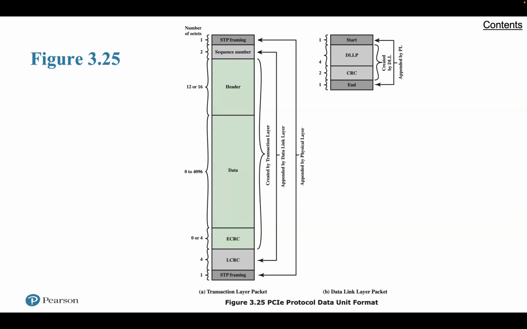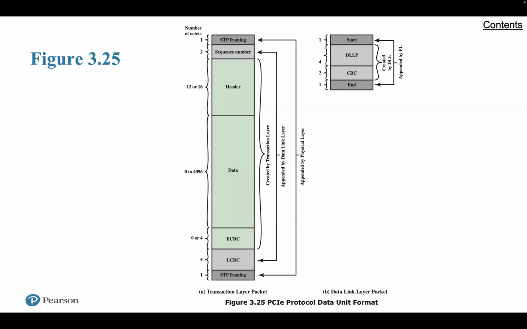So figure 3.25b over here shows a format of the DLLP. There are three important groups of DLLP used in managing a link: flow control packets, power management packets, and TLP acknowledge and NAK packets.